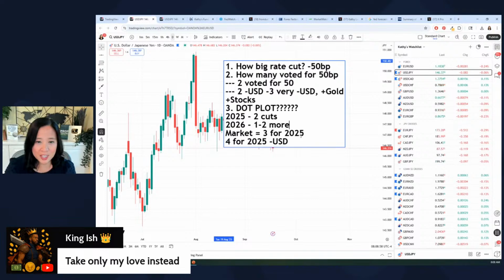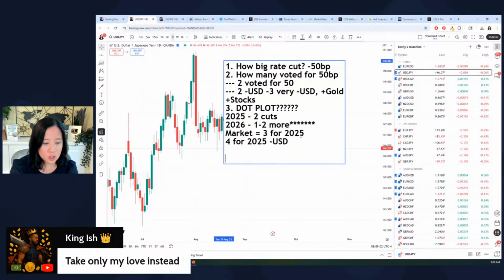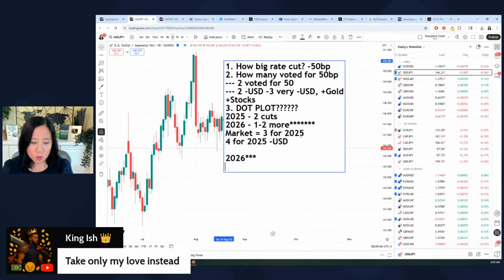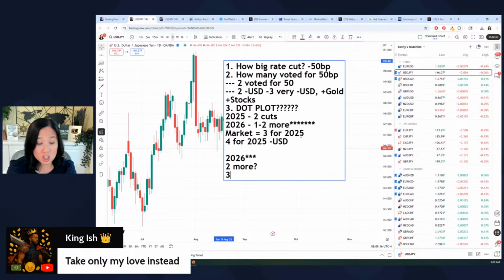So the key is going to be 2026. All right. Are we going to get what is priced in right now? Is 2026 going to show 2 more, or is it going to show 3 or 4, or 5, depending upon how many we show?